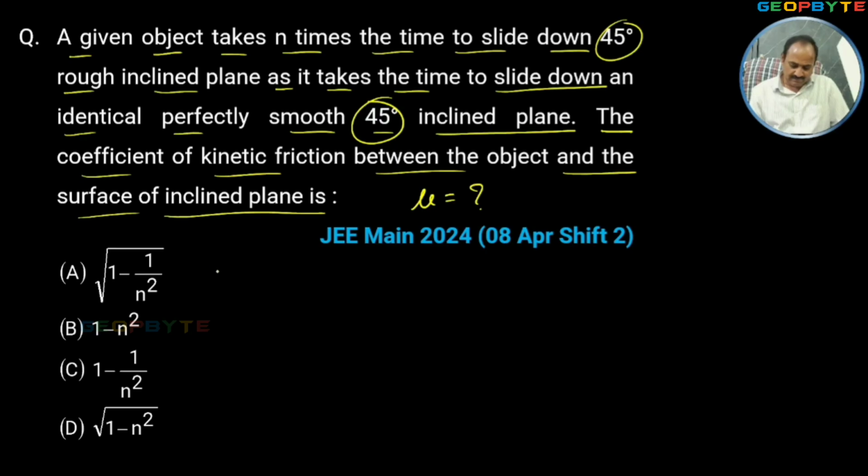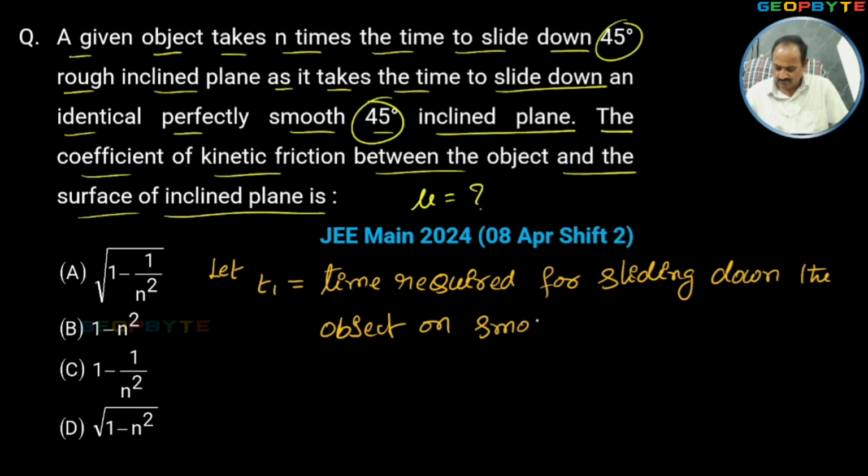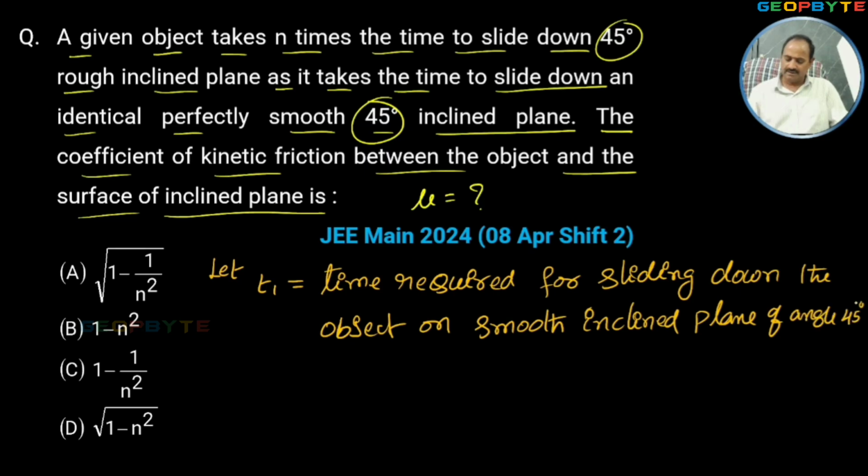Now let us consider T1 equal to the time required for sliding down the object on the smooth inclined plane of angle 45 degrees.